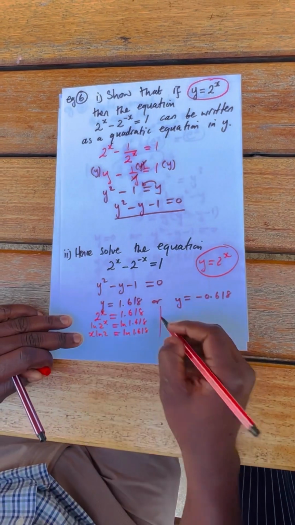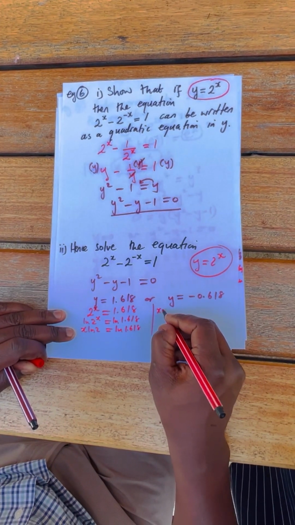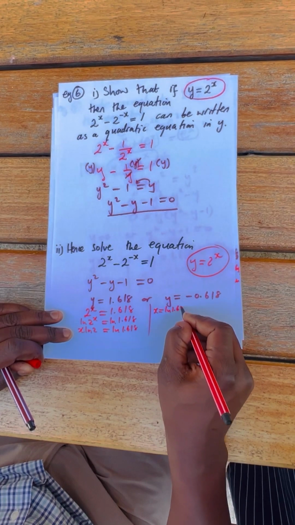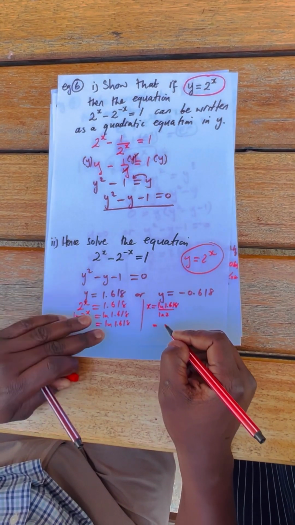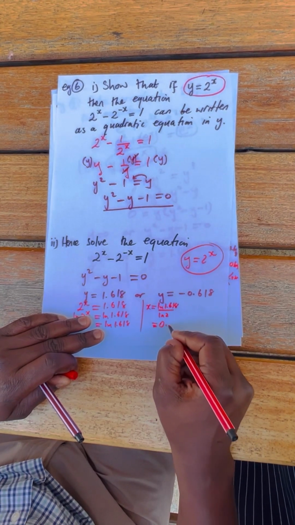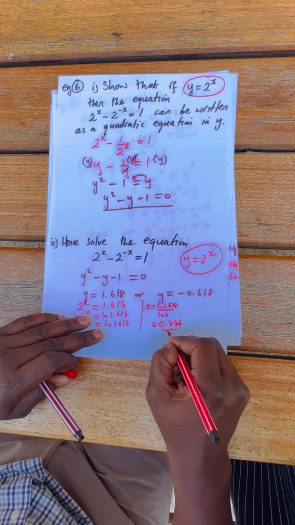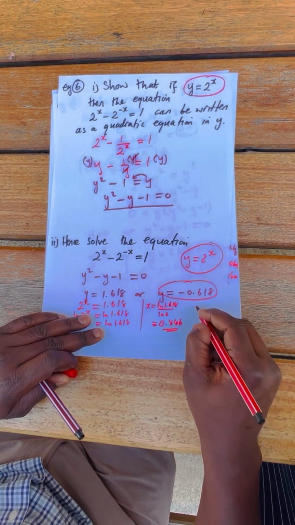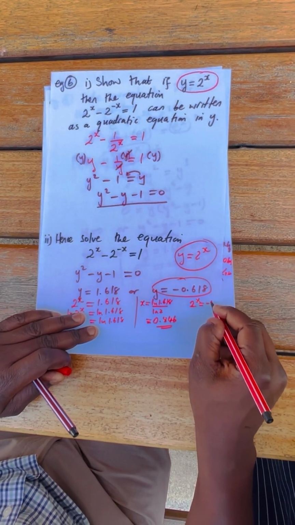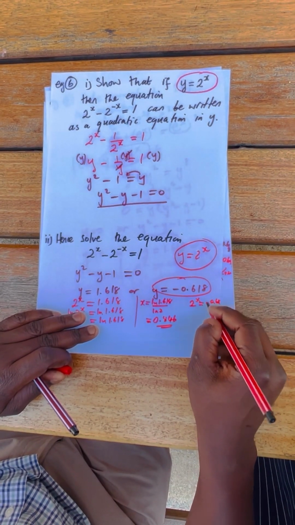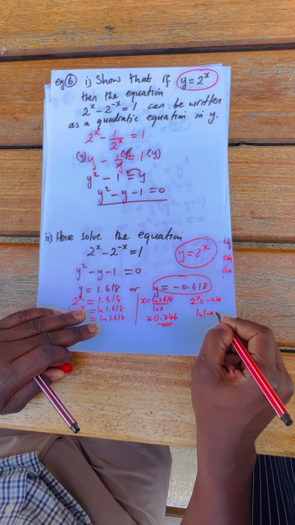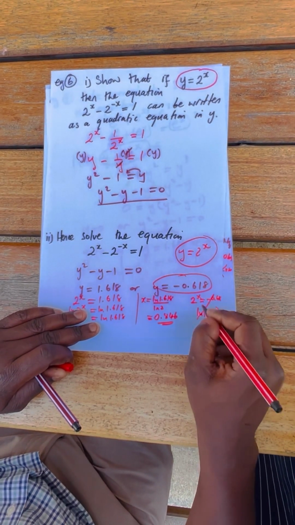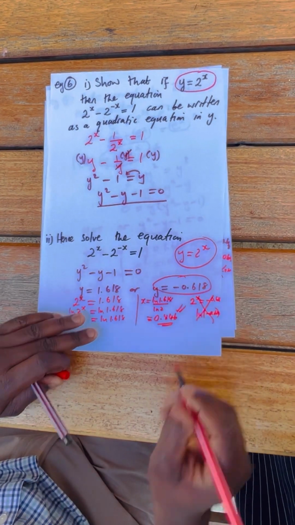I need x, so I would go x equals ln 1.618 over ln 2. And on my calculator, this will give 0.846. Now, as for the second one, 2 to the power x equals minus 0.618. Again, because this is negative, you end up with ln of negative 0.618, which gives error. So you only have one solution here.